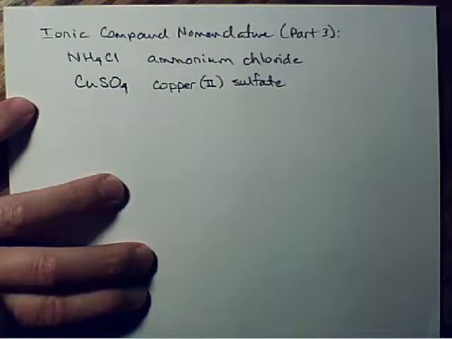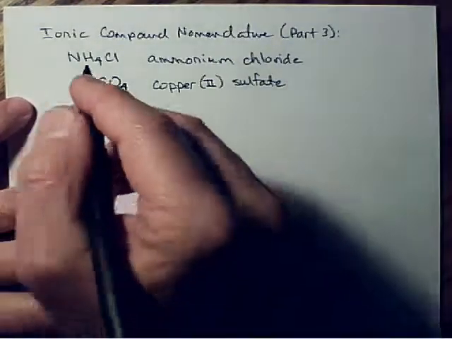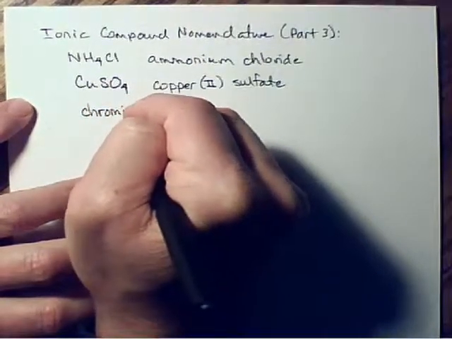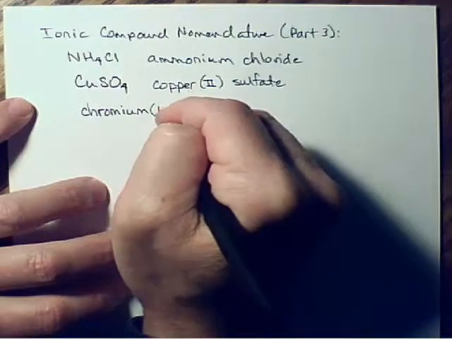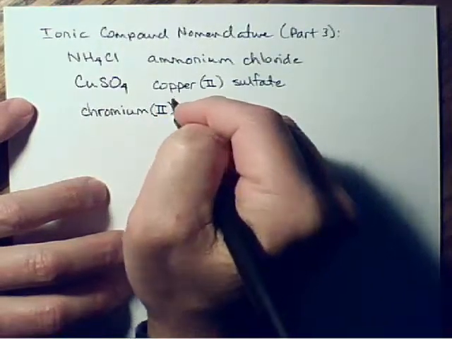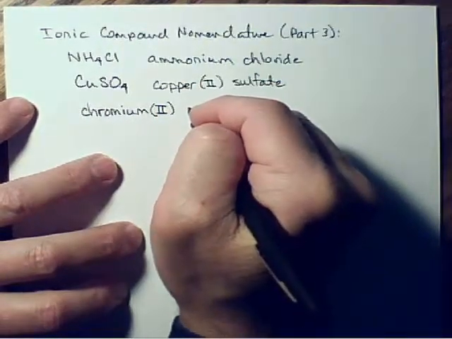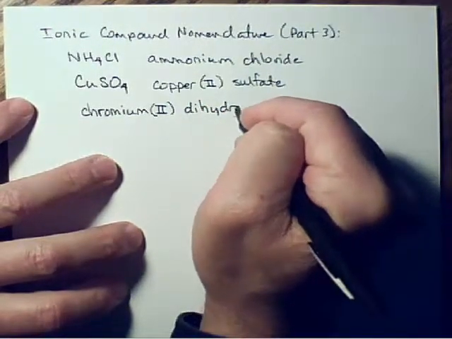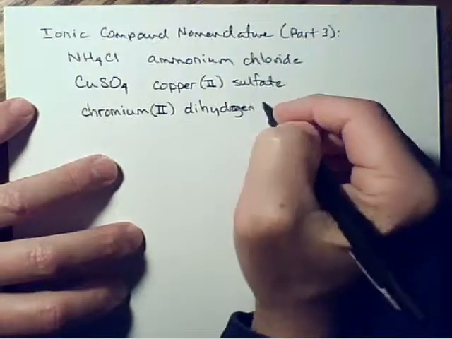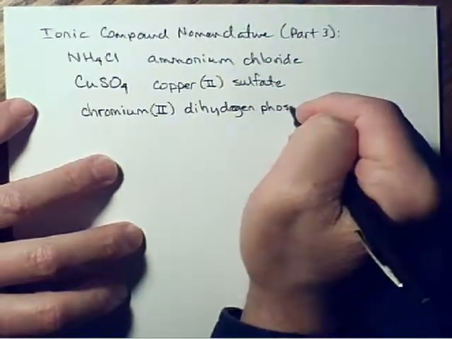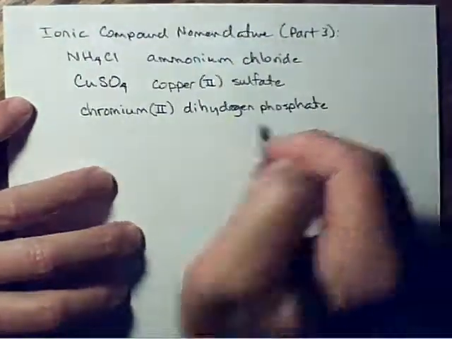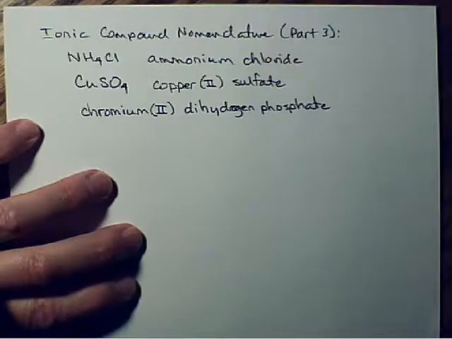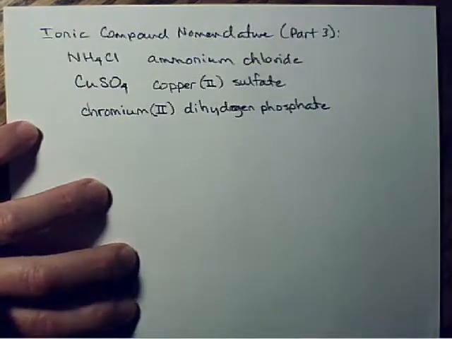All right, let me give you a name and let you write the formula, okay? Chromium 2 dihydrogen phosphate.